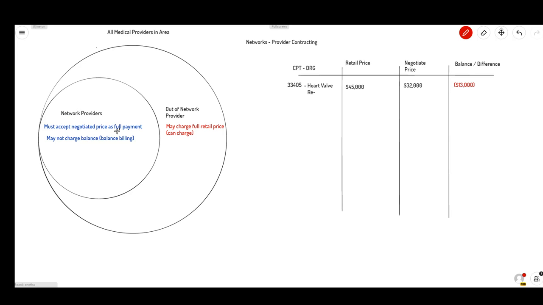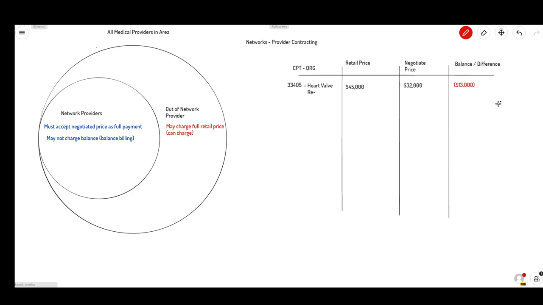There are a lot of health insurance plans that say we will cover out-of-network providers, but if we do, we will still only offer to the member our pricing on this $32,000, but we can't hold the provider to that contract because they haven't entered into a contract with us. So as the health insurance company, to the member, we'll only pay our benefits on this $32,000, and then that medical provider can go to the member and charge this $13,000 difference.